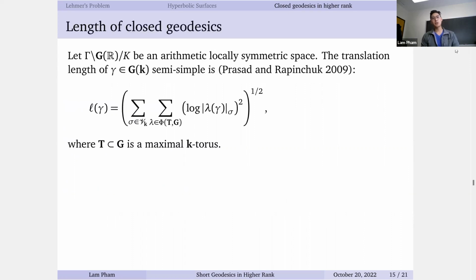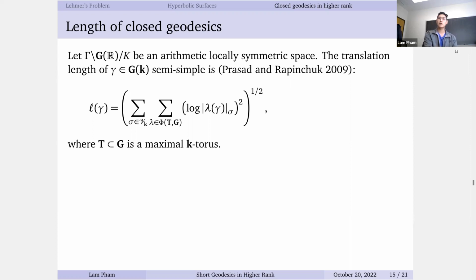So here is a general formula, for instance, for computing the translation length of a semi-simple hyperbolic element in an arithmetic locally symmetric space. So you take your G, bold G here is going to be an algebraic group over K, or over R, whichever one you want. And you take the corresponding Lie group, and you take a maximal compact subgroup K and form the symmetric space.